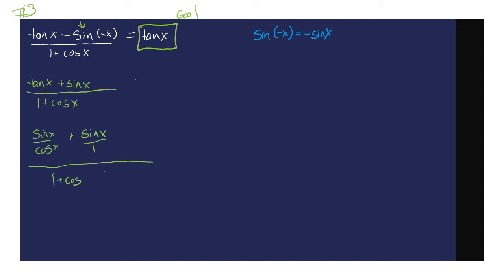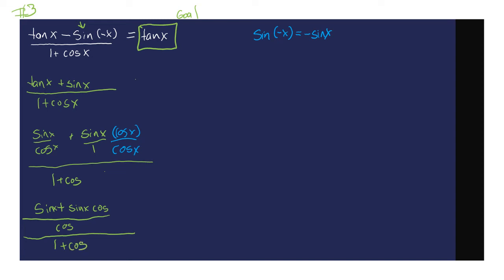Now, how could this help me out? What I'm going to do is give a common denominator up top. I'm going to multiply this sine by cosine x over cosine x. And rewriting these as one fraction, I get sine x plus sine x cosine x, all over cosine x, divided by 1 plus cosine.